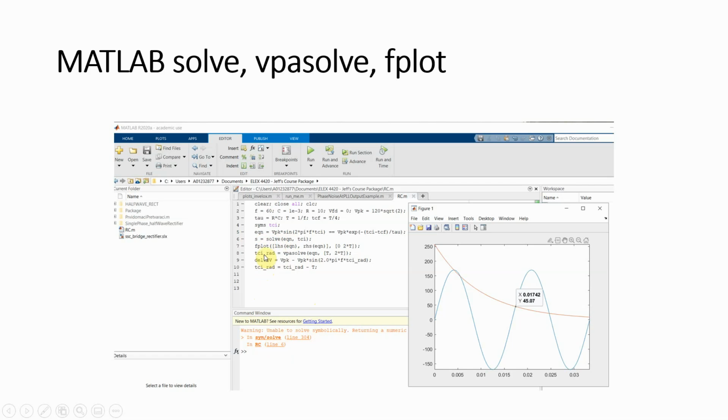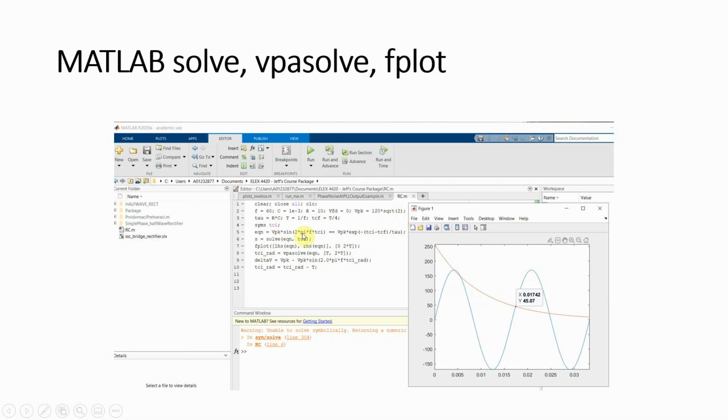I also defined TCI underscore rad, another variable, to find the numeric value between T and 2T. I also wanted to plot the left hand side and the right hand side.